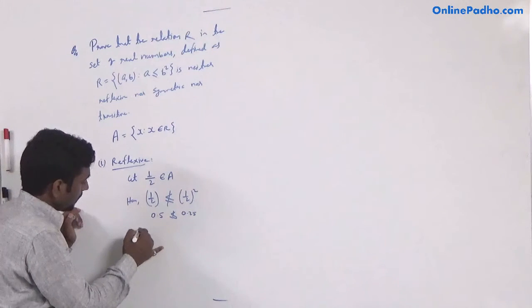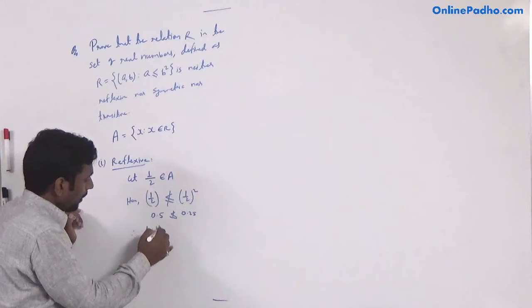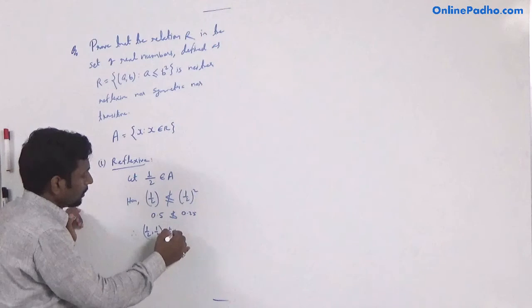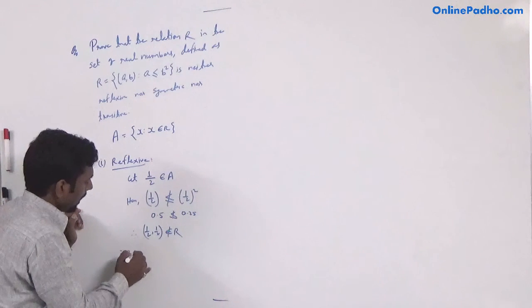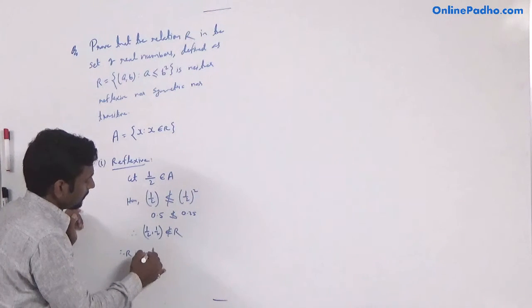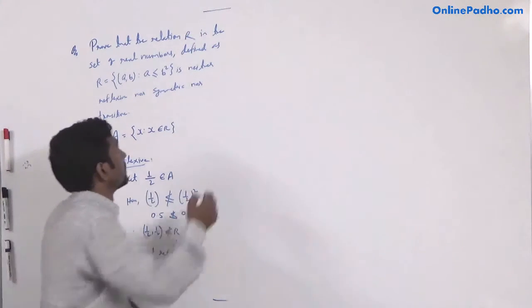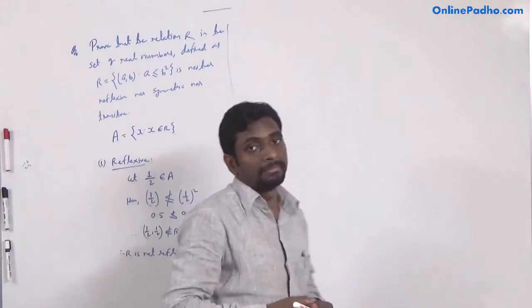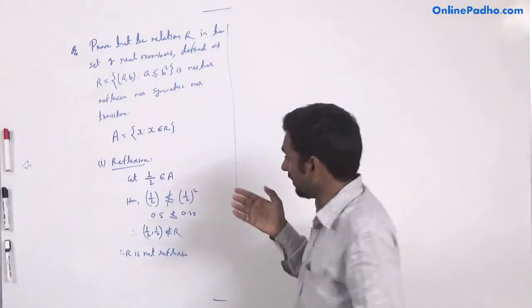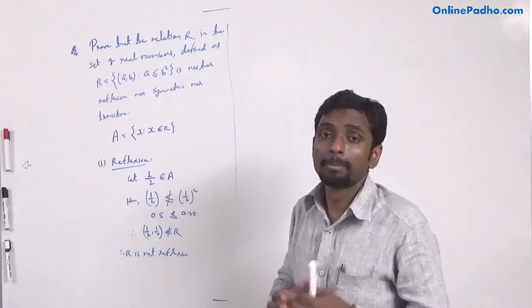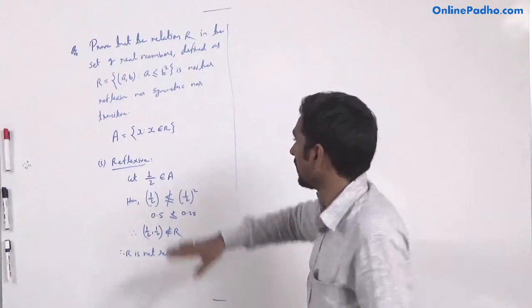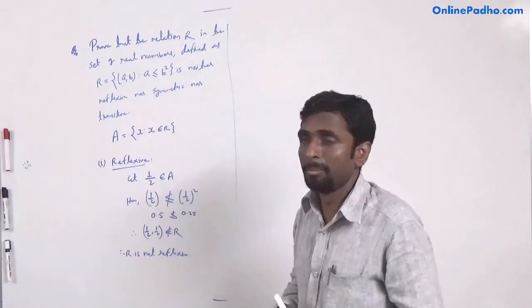So therefore we can say that 1 by 2, 1 by 2 does not belong to the relation. So therefore R is not reflexive. You can take any example for this. You can take any proper fractional value that does not satisfy a less than or equal to b square.